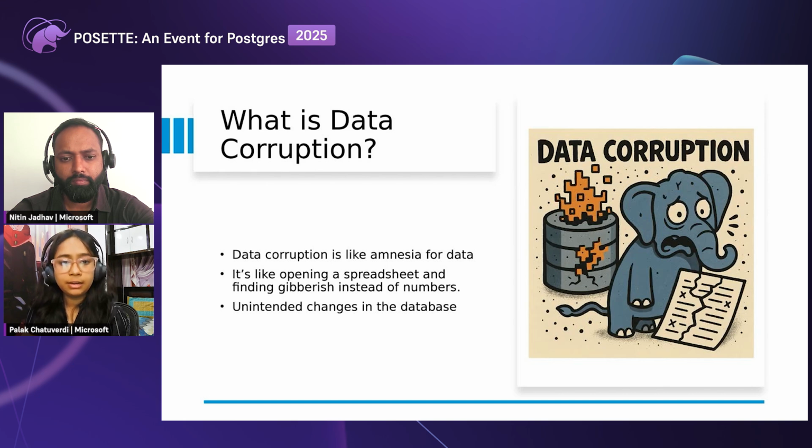It's like if you have a spreadsheet with very important data in it, but suddenly something goes wrong and instead of those numbers you have random characters that make no sense to us. We can also say that these are unintended changes to the database. With respect to PostgreSQL, we can say these are the heap file table changes, index changes, or the WAL file changes, or any important files that we have in our Postgres.